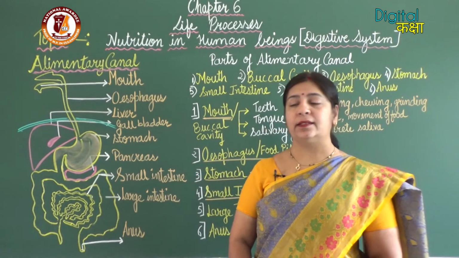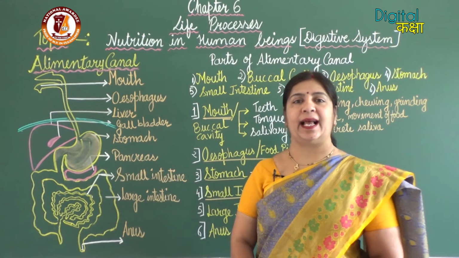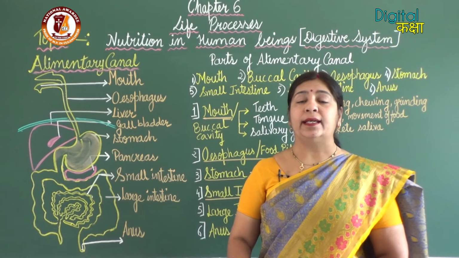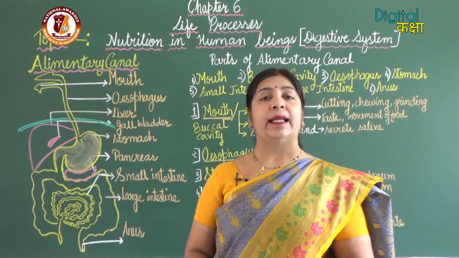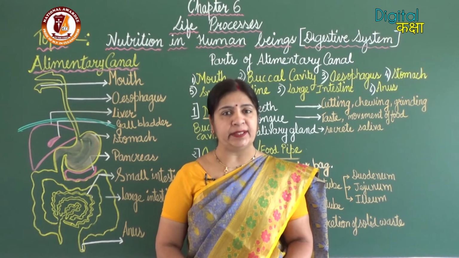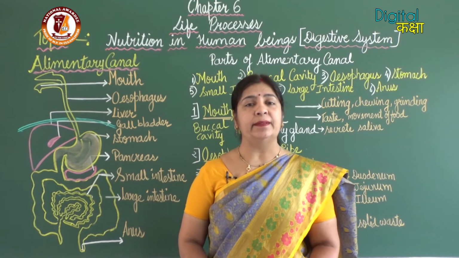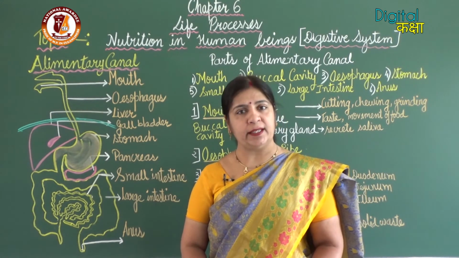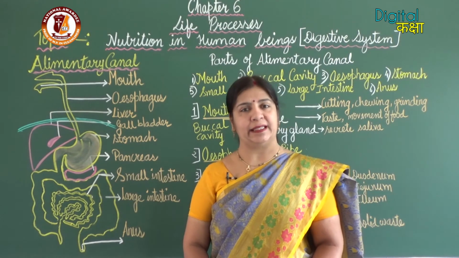Besides the pancreas, in the walls of the stomach, the gastric gland is present. The gastric gland secretes gastric juices. Gastric juice contains enzymes like pepsin and lipase. Pepsin helps in the breakdown of proteins and lipase helps in the breakdown of fat into fatty acids.